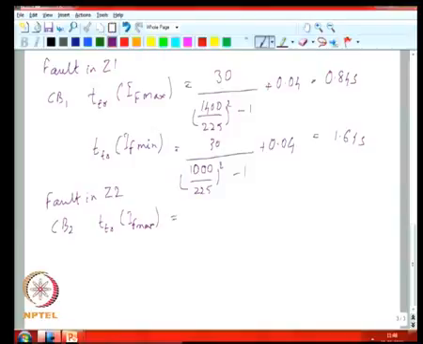For circuit breaker 2, your A is 35, and the pickup current for circuit breaker 2 is 150 amps.